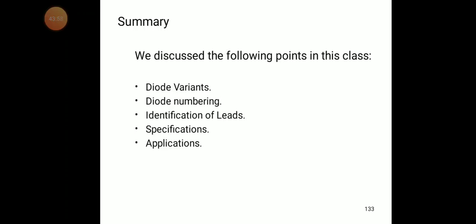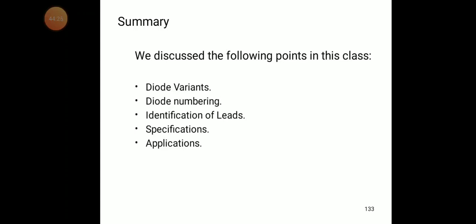First, we discussed the PN junction diode forward biasing and reverse biasing: how we connect in forward bias, how we connect in reverse bias, and how the PN junction works in each.